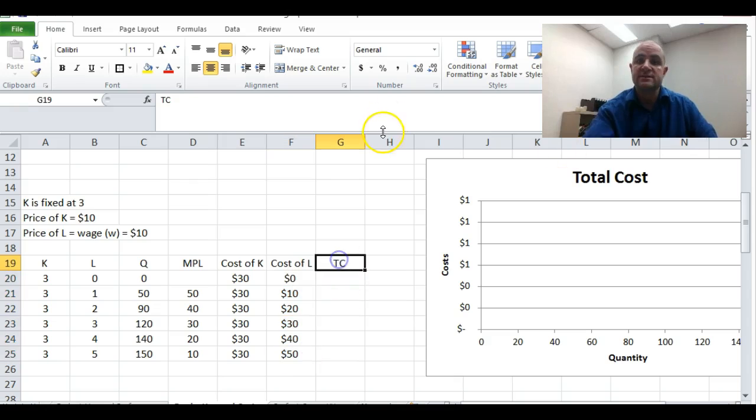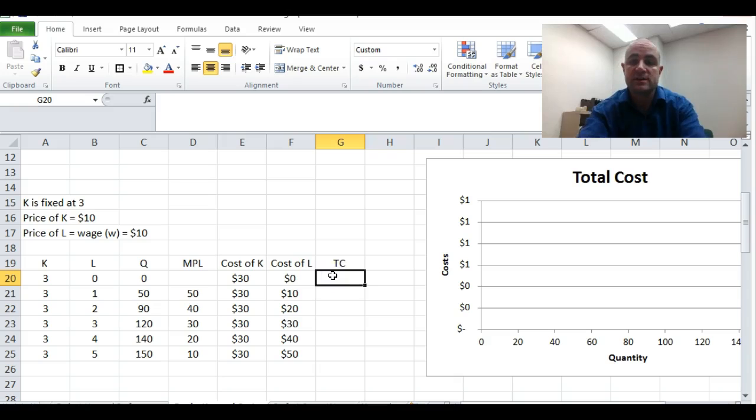So now the total cost, TC, that is the total cost of production. For any level of output, how much is it going to cost you? Notice that the graph talks about the total cost in terms of output, not in terms of labor. Because as a business, we don't care about how much it costs to employ someone. We care about how much it costs to produce a good. The cost to employ someone is worked into that, but we care about that end result.